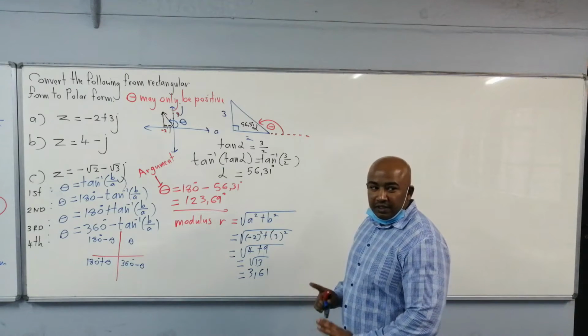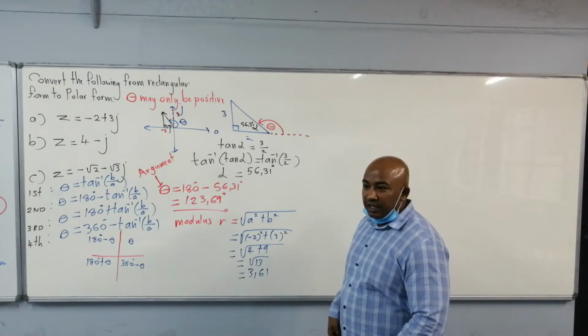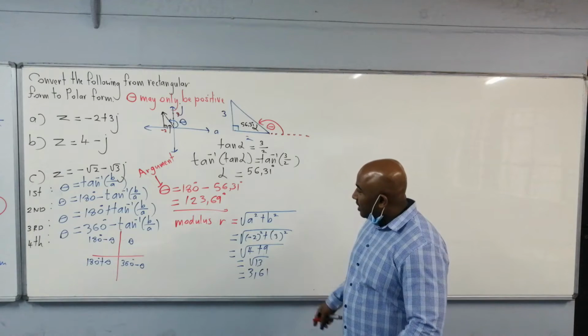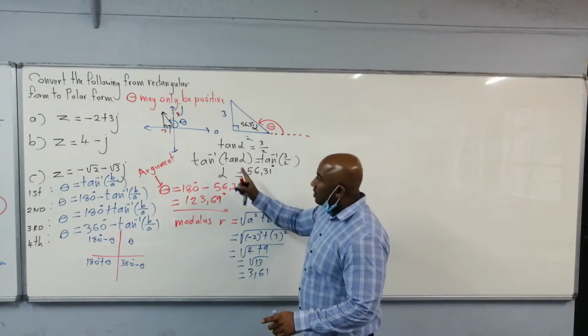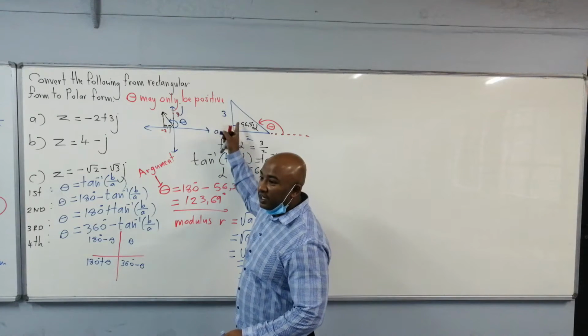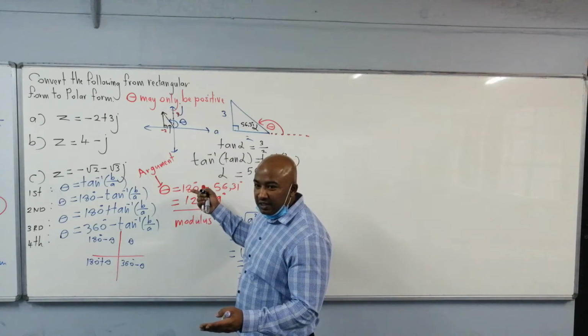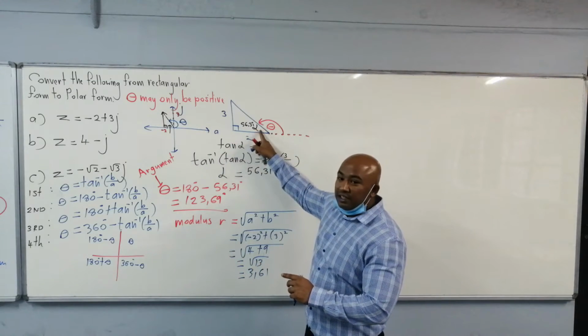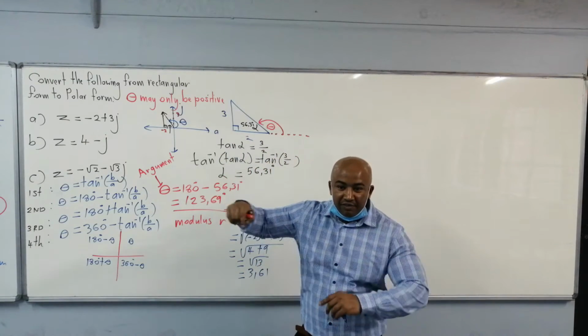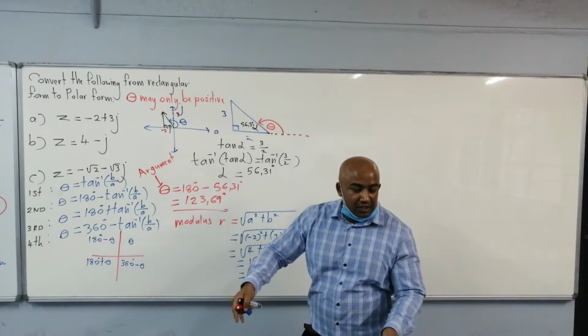Straightforward. Substitute your values into the theorem of Pythagoras formula and get your answer. This you need to be careful with. You can see that I did not substitute any negatives into the calculator. I'm simply drawing my right angle triangle, finding this angle, and using 180 minus if I'm in the second quadrant, 180 plus if I'm in the third quadrant.